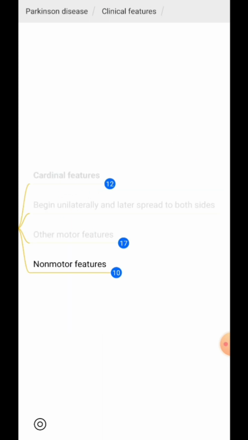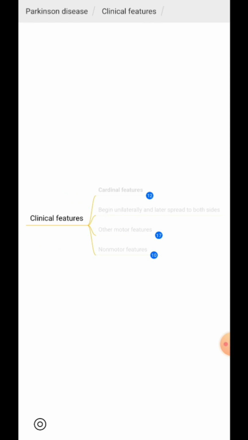So we looked at the clinical features of Parkinson's disease. There are 4 cardinal features, and we learned that the features begin unilaterally and later spread to both sides. And there are other motor features and also non-motor clinical features. So that is the clinical manifestation of Parkinson's disease.